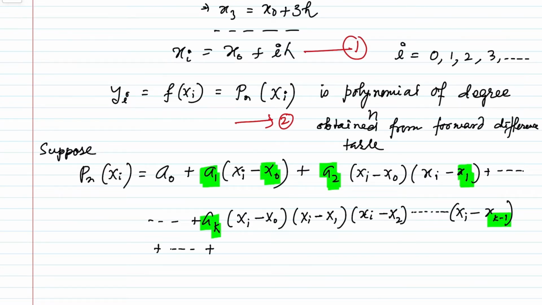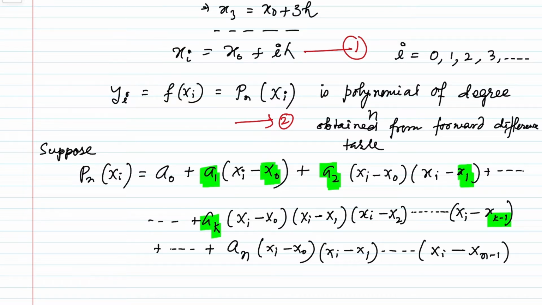Similarly, we can find the nth term here. Actually it should be the n plus 1 term, not the nth term. An is going to be equal to xi minus x naught, xi minus x1, product up to xi minus xn minus 1. So hope you have understood this.